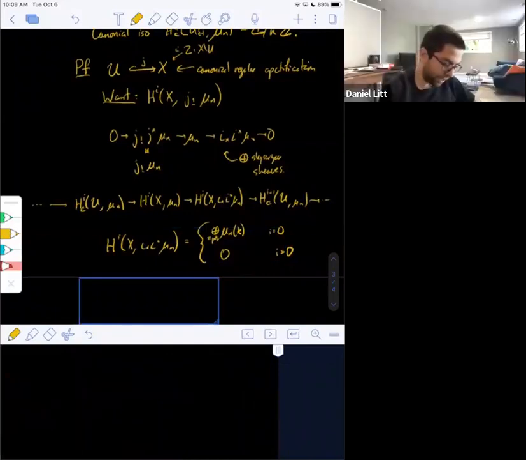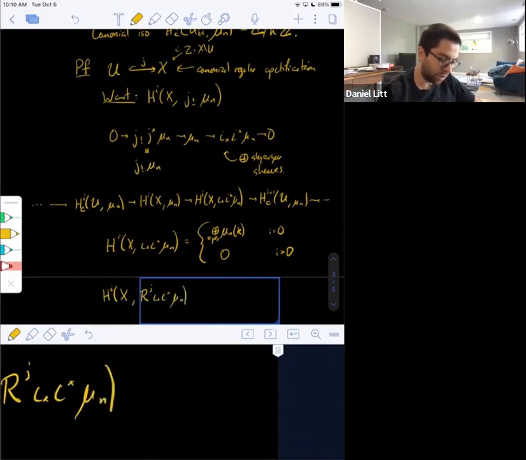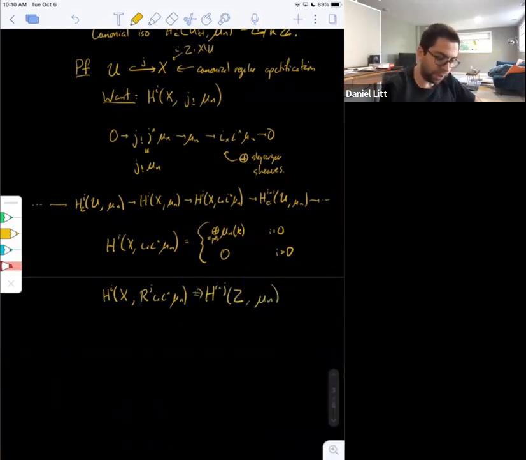Yeah, so the way I would say it is there's a Leray spectral sequence, which goes from H^i of x with coefficients in R^j i lower star i upper star mu n, and this goes to H^(i+j) of this finite set of points with coefficients in mu n. All right, and this right-hand side is what we actually put down over here.